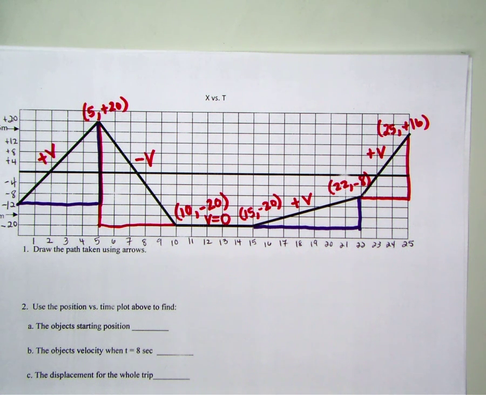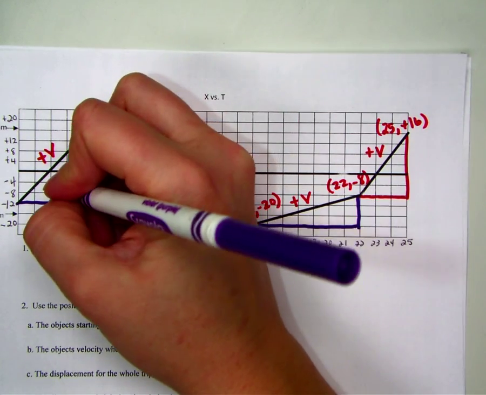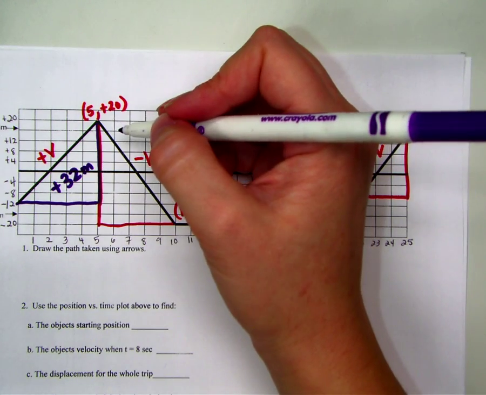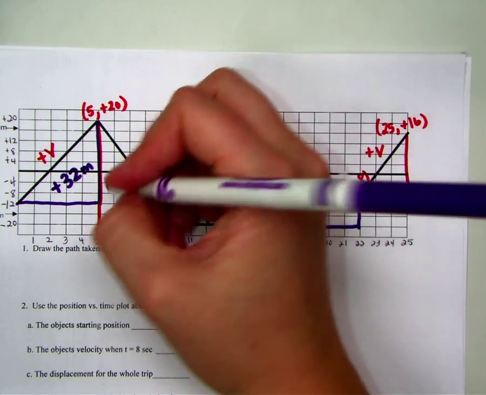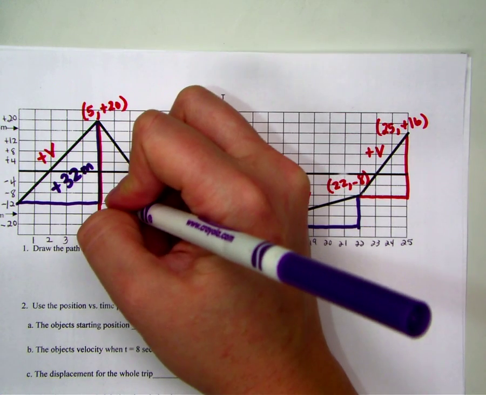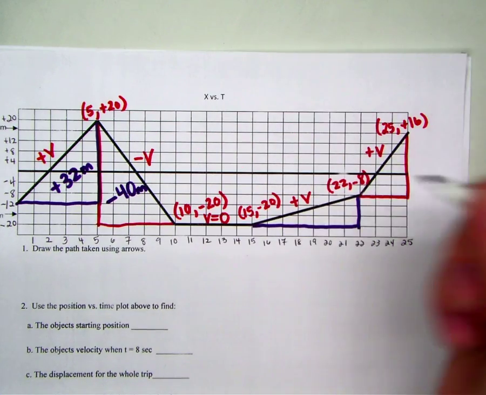Next, I'm going to find the displacements for each segment, so I'm going to find the height of each triangle. The first one goes from -12 to +20, so it is +32 meters. The second segment goes from +20 to -20. It's a negative velocity, so therefore it is a negative displacement, -40 meters.